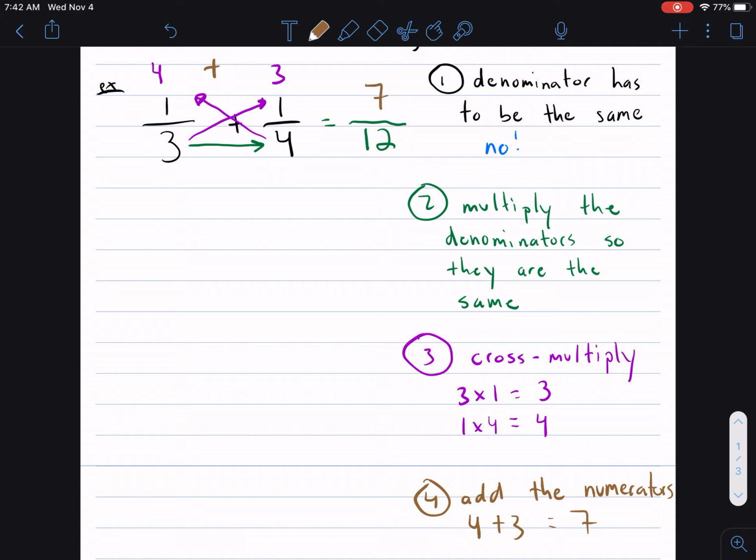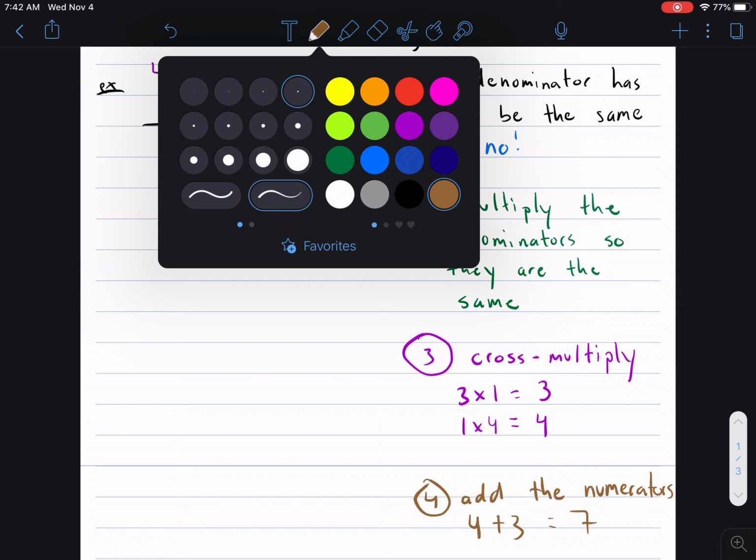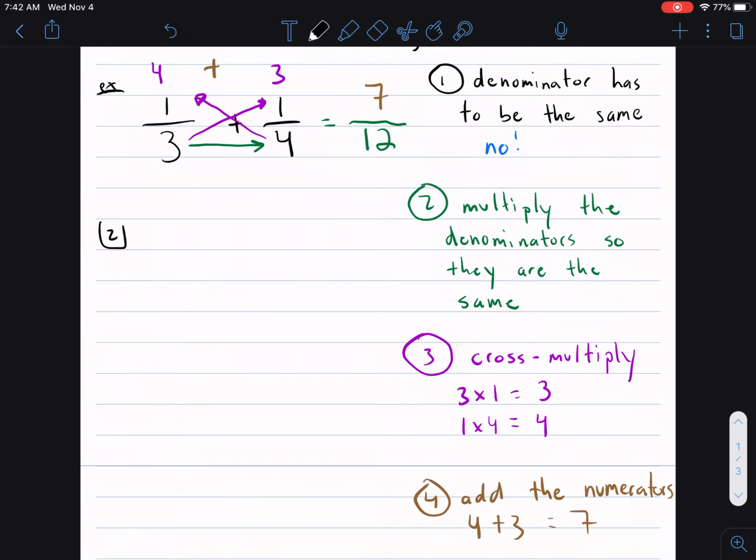And your last step is to simplify. So you're going to check 2, 3, 4, 5, 6, 7. 7, 14. Do you see 12? No. Do you see 7?